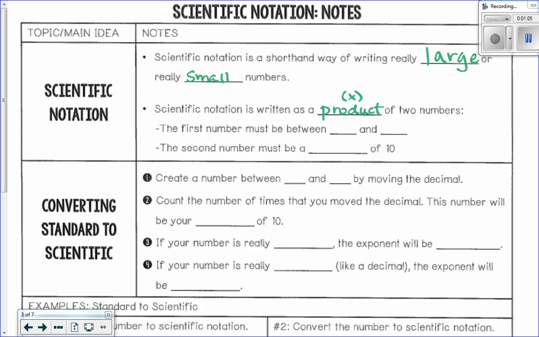The first number must be between what? 1 and 10. You got it. So 1, 2, 3, 4, 5, 6, 7, 8, 9. The second number must be a power of 10.